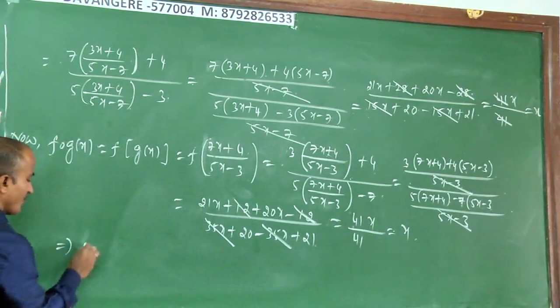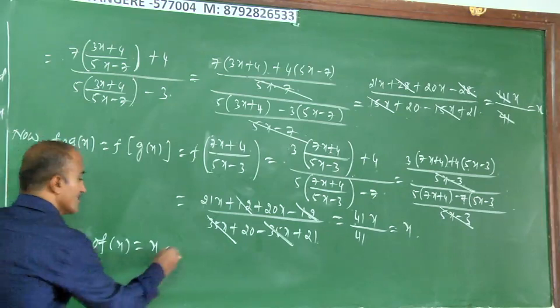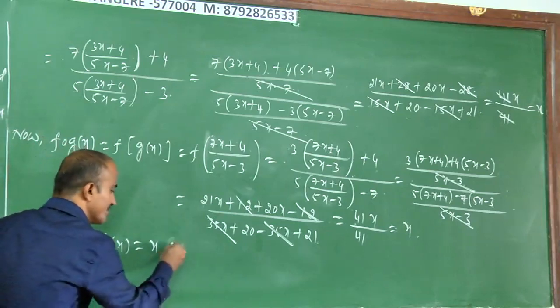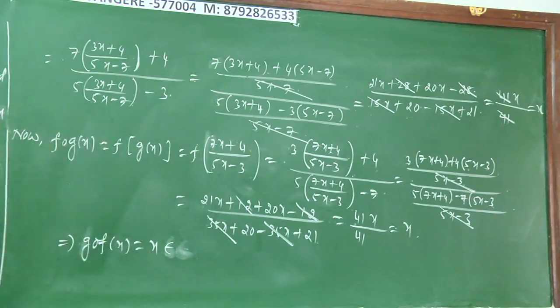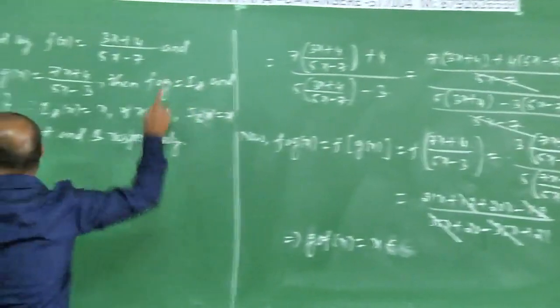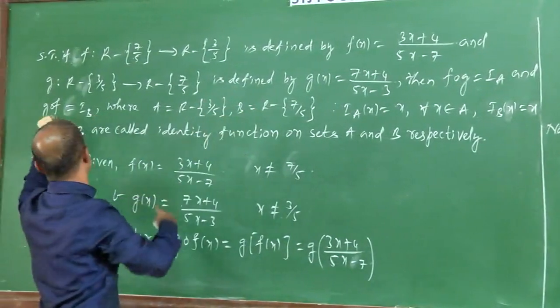This implies f of x equals x, which belongs to B. Here they have given C, then fog of IA and gof of IB.